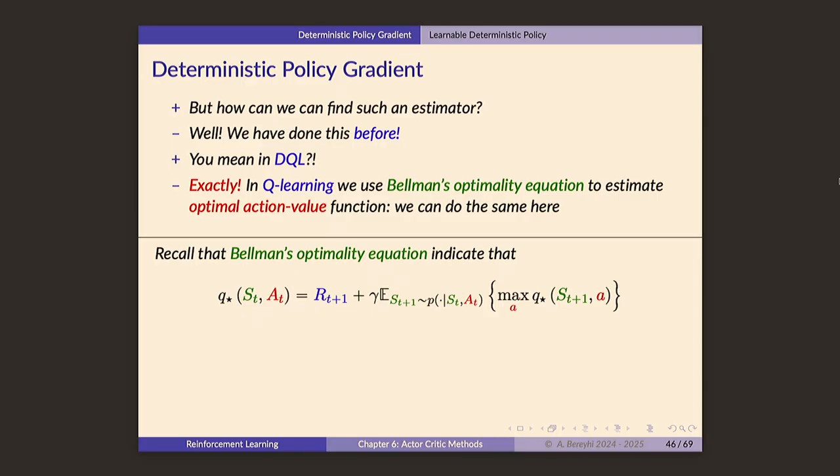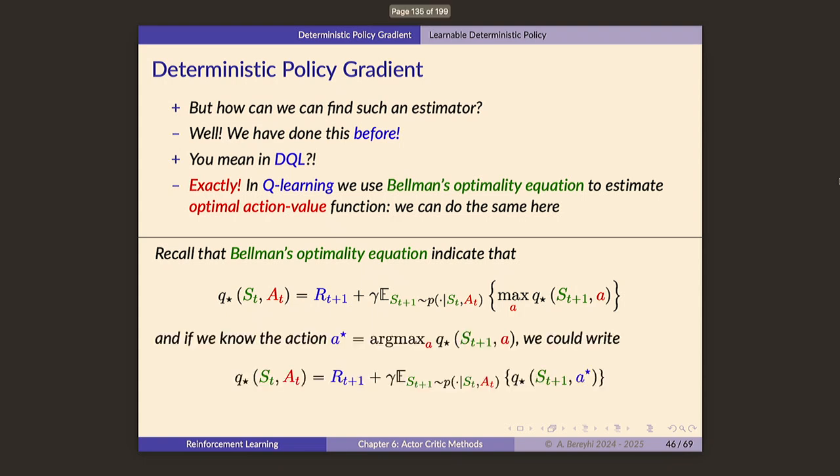Now, if I want to use my network to sample from this equation, I can simply replace the output of my deterministic policy network. This means that if one state goes inside the deterministic policy network, you get one action at the output, which is supposedly the optimal action.